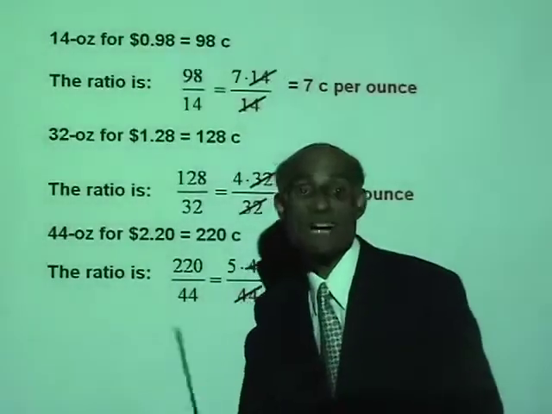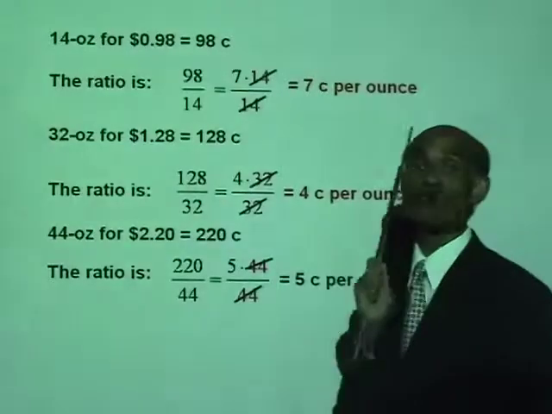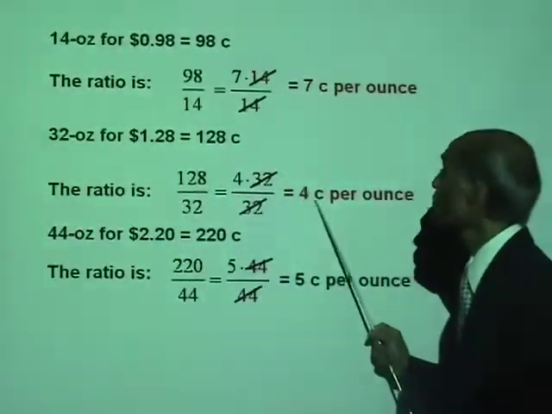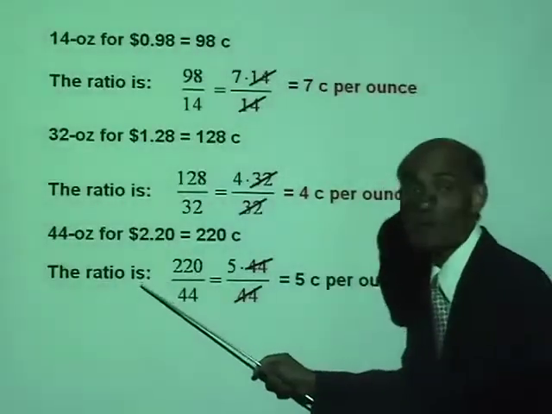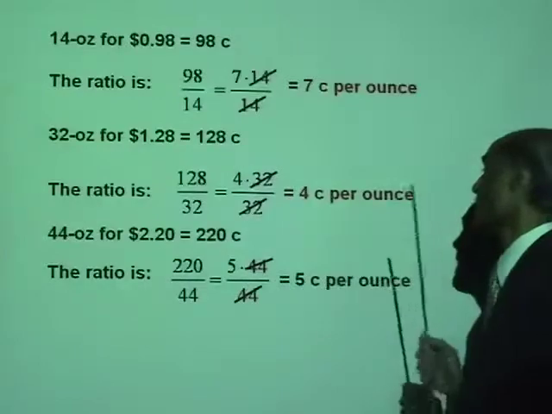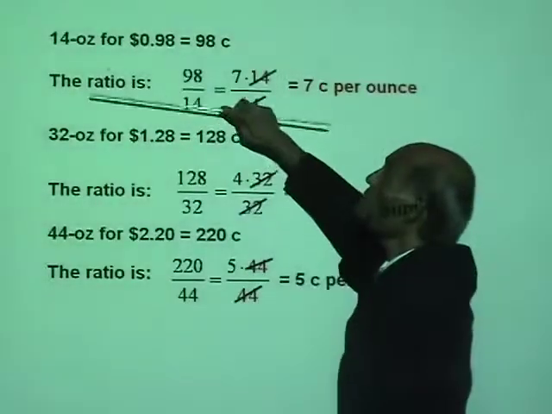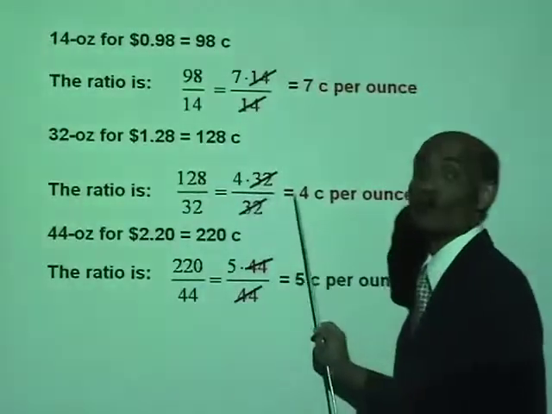So the first type of ketchup is costing you 7 cents per ounce. The second one is costing you 4 cents per ounce. And the third brand is costing you 5 cents an ounce. So you would say, alright, keep your very expensive one. I will go for this.